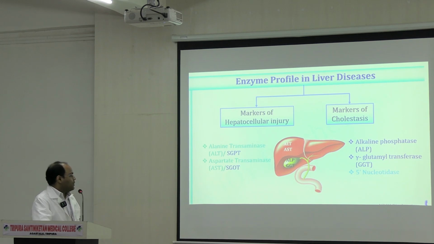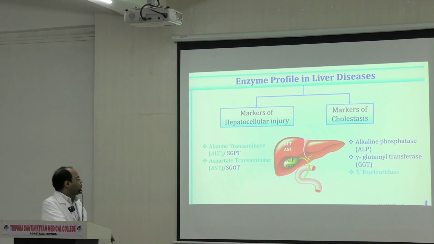So markers of hepatocellular injury we can divide into two: ALT, or alanine transaminase, in short form ALT, previously also called SGPT, and aspartate aminotransferase, aspartate transaminase, or AST, previously called SGOT. When hepatocellular damage occurs, these enzymes are released into the blood and the level gets very high.